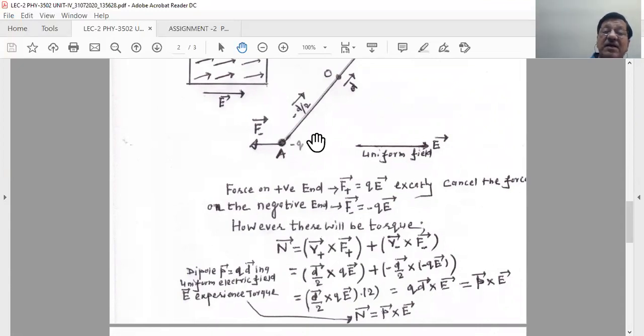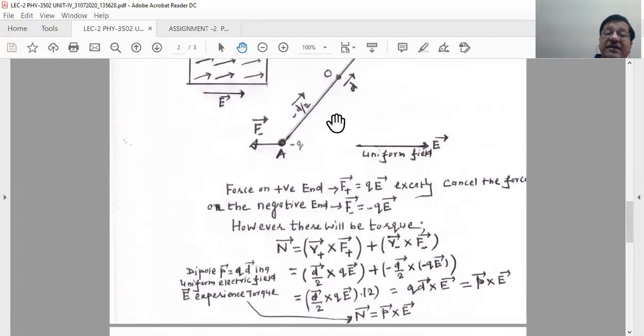And similarly, when you consider the negative charge, again you take this vector R, but now when you measure this vector R, you are going opposite to the vector D. So I write minus R, minus R cross F minus, that is the force on the negative charge.